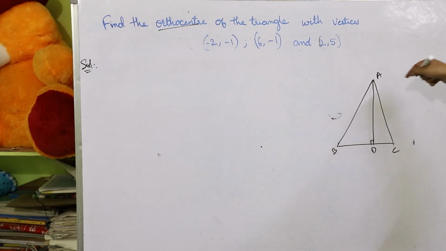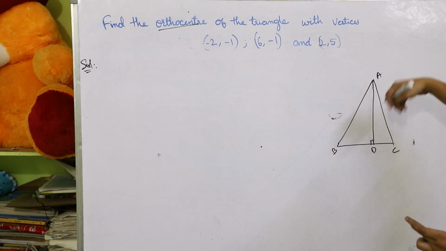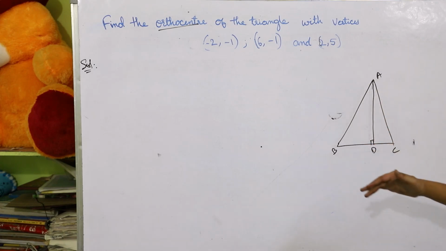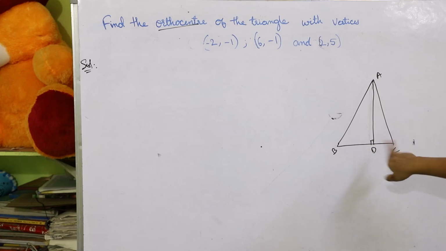Here AD is perpendicular to BC, where perpendicular means 90 degrees. AD is perpendicular to the line BC.